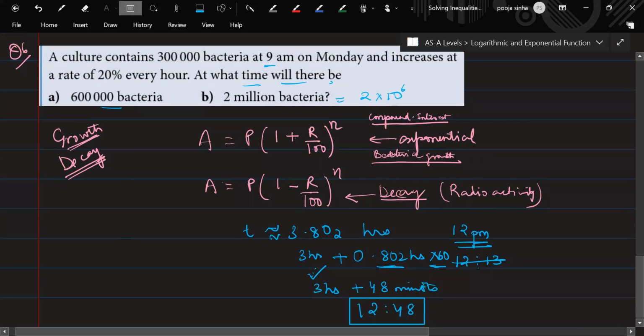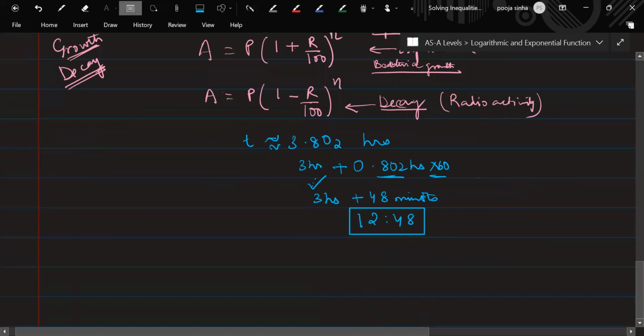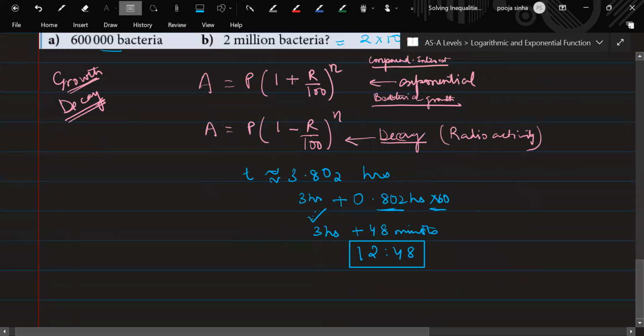That's 2 million, 6 zeros. Is it to be done the same way? Same way, and the final time needs to be calculated.